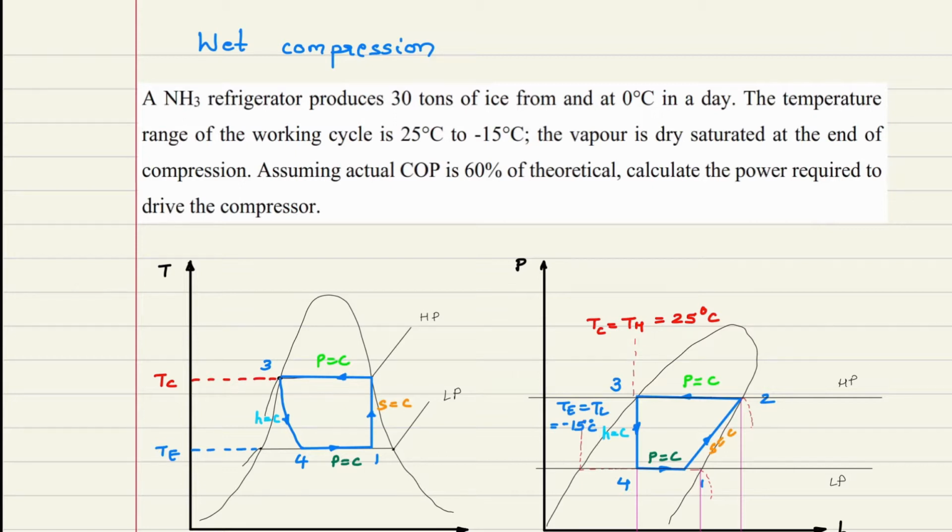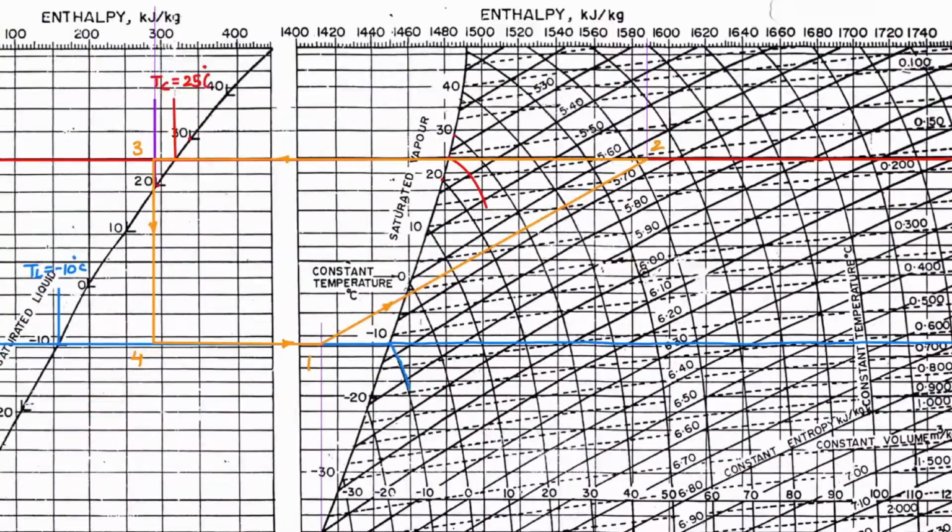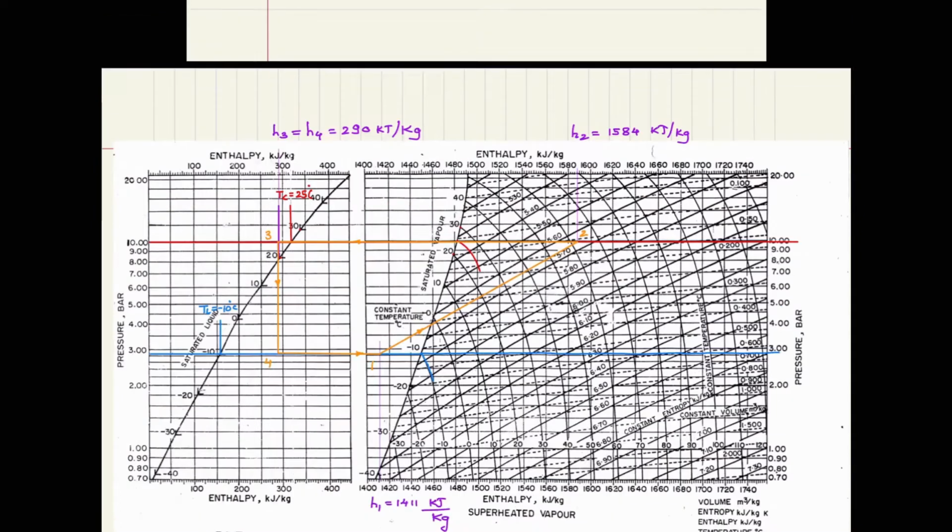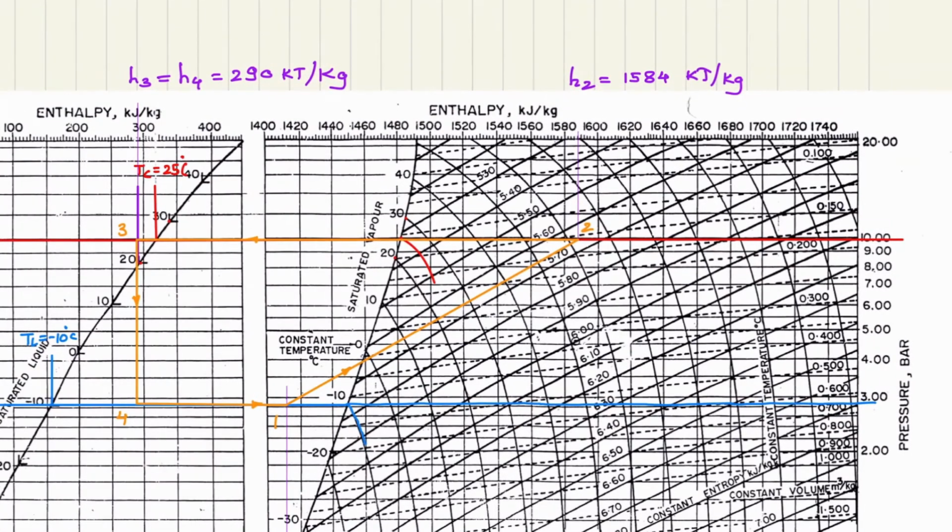Okay, so I'll show you what the ammonia pH chart looks like. Here you can see this is ammonia R717, and if you see the vapor dome, it is cut over here, and inside we don't have dryness fraction curves as well as constant entropy curves. They are given in the superheated vapor region. These values are not there in the vapor dome. Okay, constant entropy.